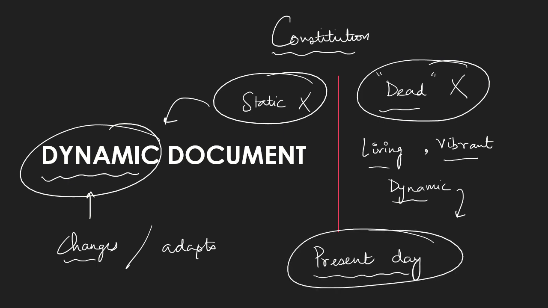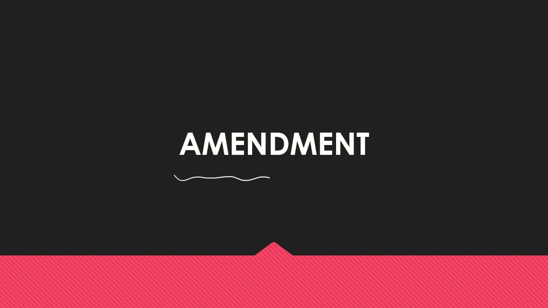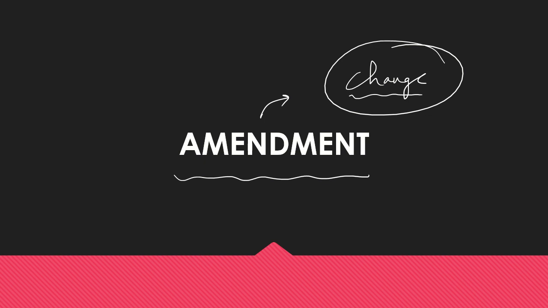So the Constitution is a dynamic document that adapts itself to the needs, requirements, aspirations, and expectations of the present day. Okay. Now, how do you do that? Let us say we have to adapt this and we have to change it. Well, that is essentially what an amendment is. The amendment means is basically a change that can happen in the Constitution. Basically, any law can be amended, but I'm talking only about the amendment of the Constitution.